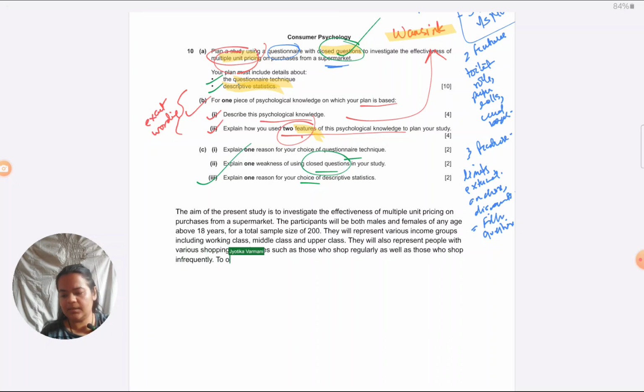To obtain a diverse sample of this nature, now I can link it to a sampling technique. I want a very diverse sample. I want to see how various types of people get affected by MUP. So the best way I think of getting such a sample is volunteer sampling.